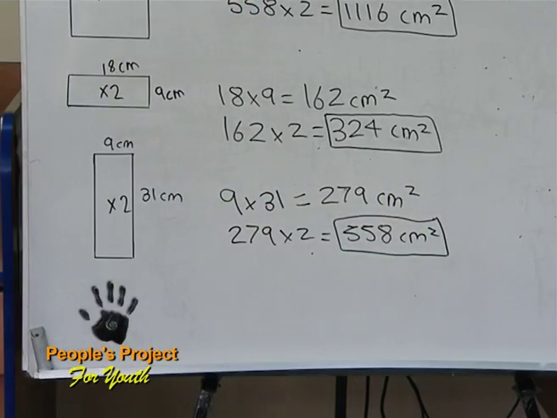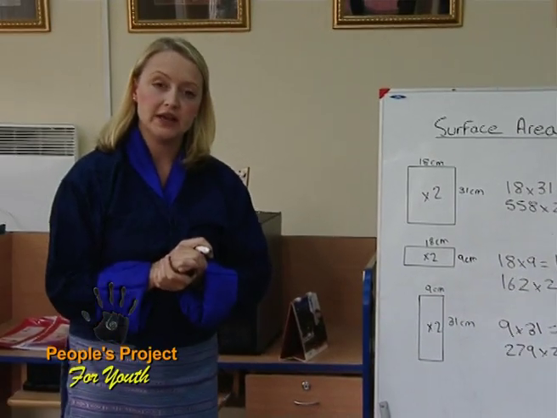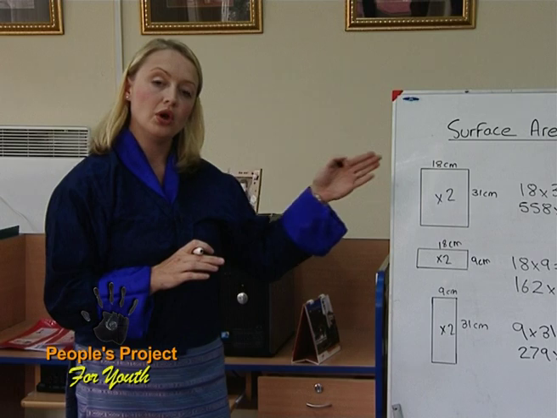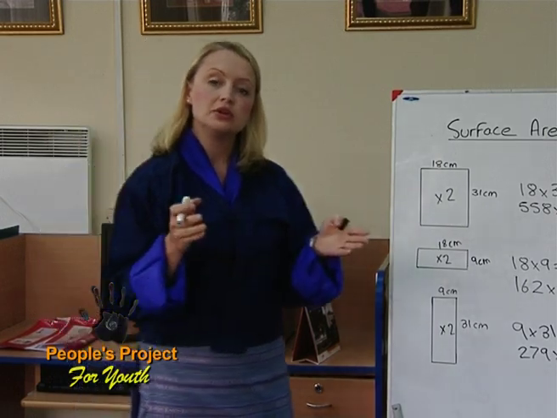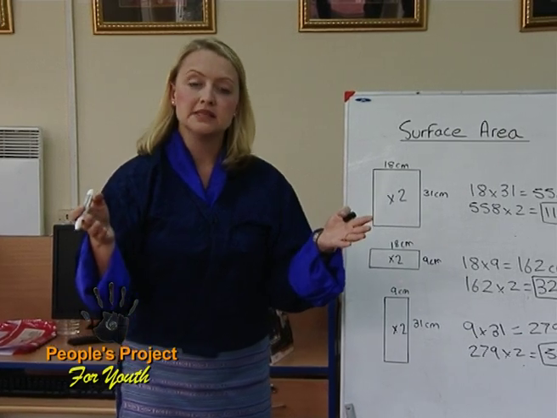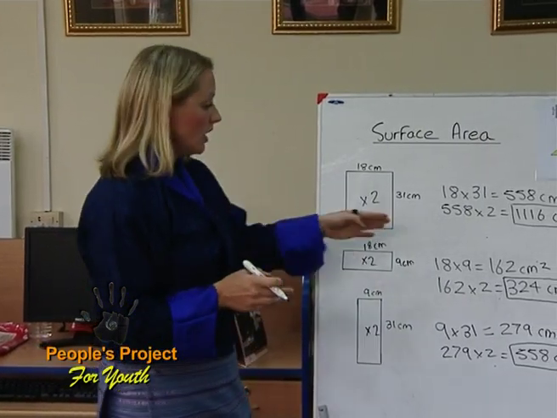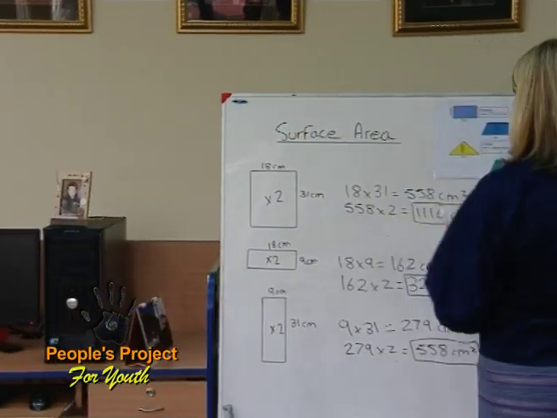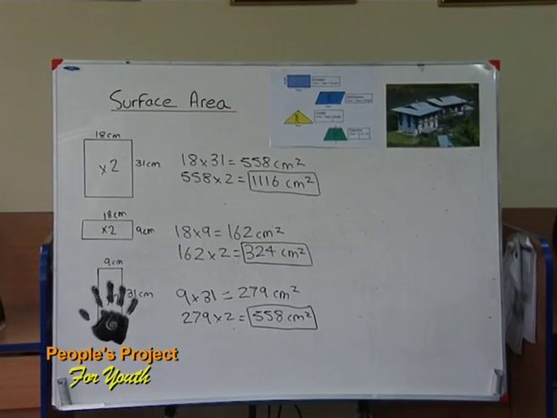So finally then, to work out my total surface area, all I need to do is combine all of those areas that I've just found out. So total and combine means that the operation we're looking for is add them together. So I now need to add together all 3 of the total areas I've found in the boxes.